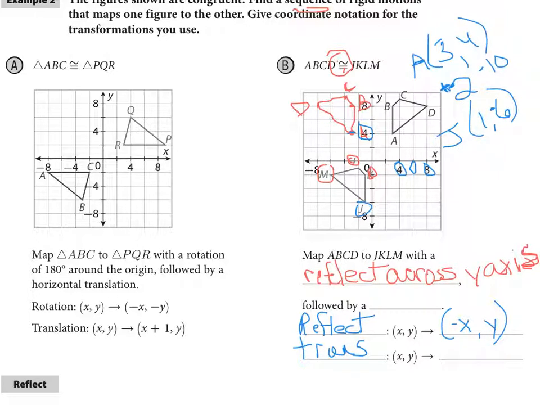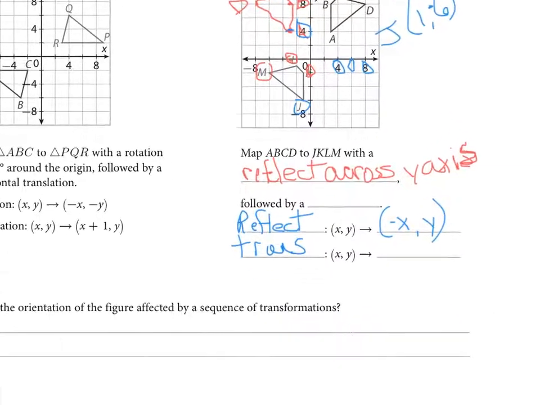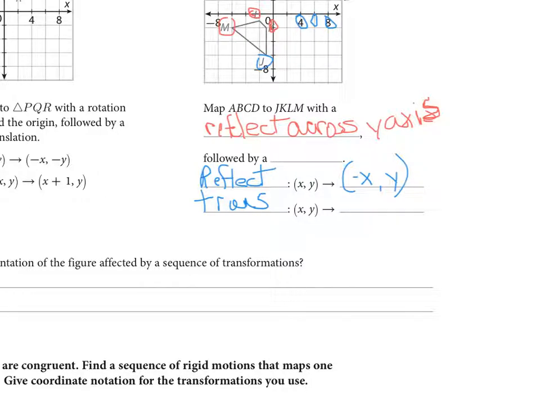I don't have room, so I'm not going to write the whole thing. Let me put it up here. Now I have. And I'm going to write x, and we said +2. That's the rule. And y -10.